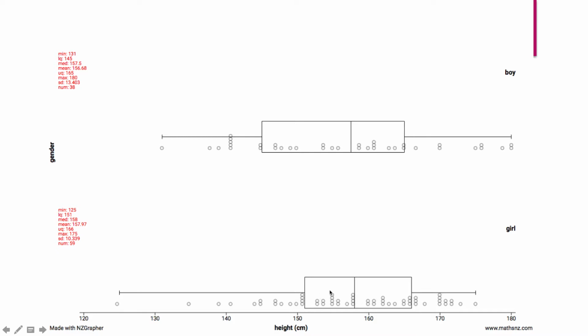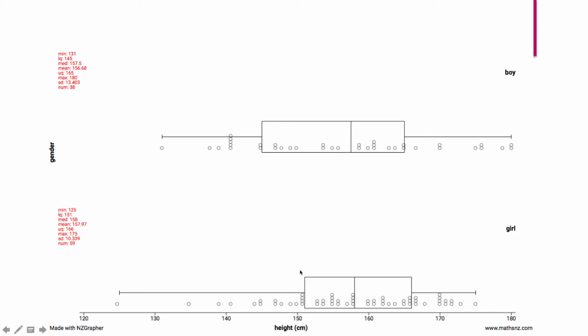So even though it doesn't look like it, the girls' data is actually slightly more spread out than the boys' data, and it's shifted slightly to the right of the boys' data, just slightly. You can see there, and this is definitely shifted to the right here.